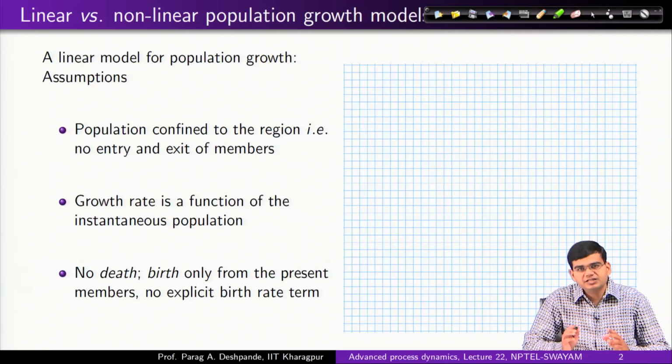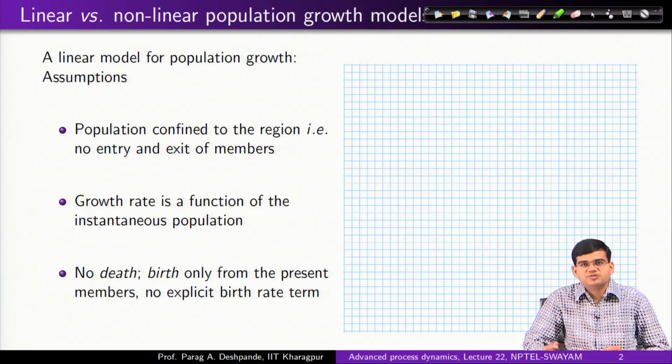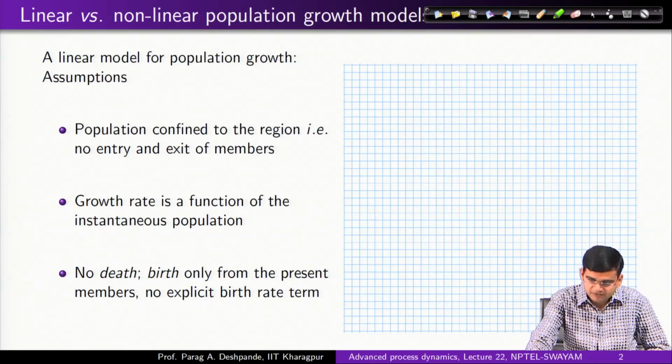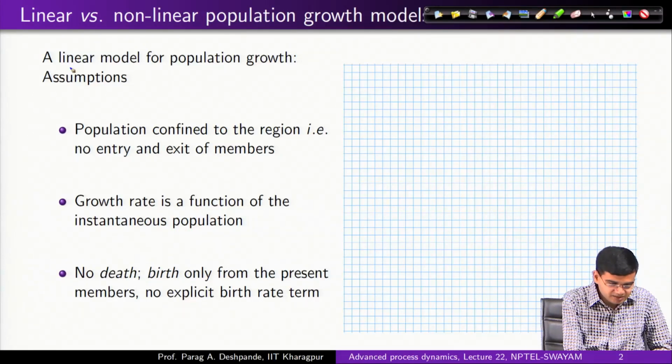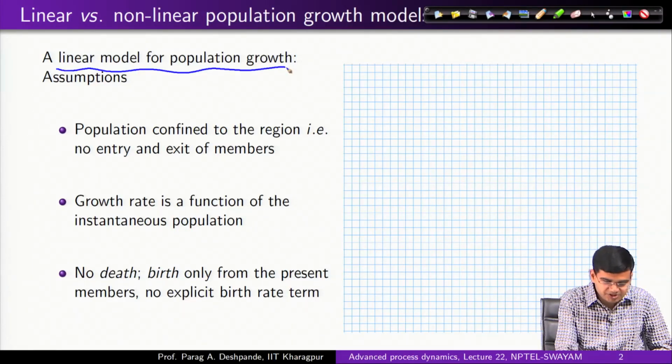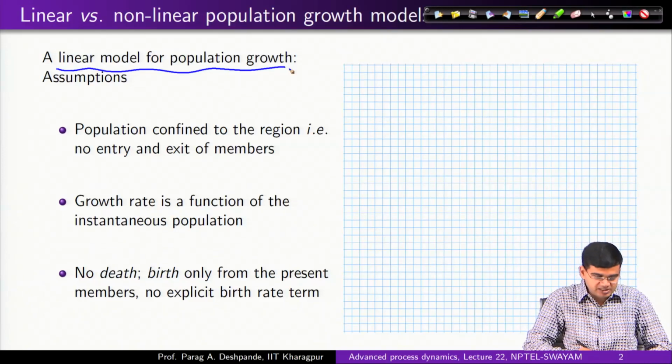Under certain conditions, you can develop a linear model for the growth of this population with time, but that linear model would be accompanied with certain assumptions. So, what are the assumptions?